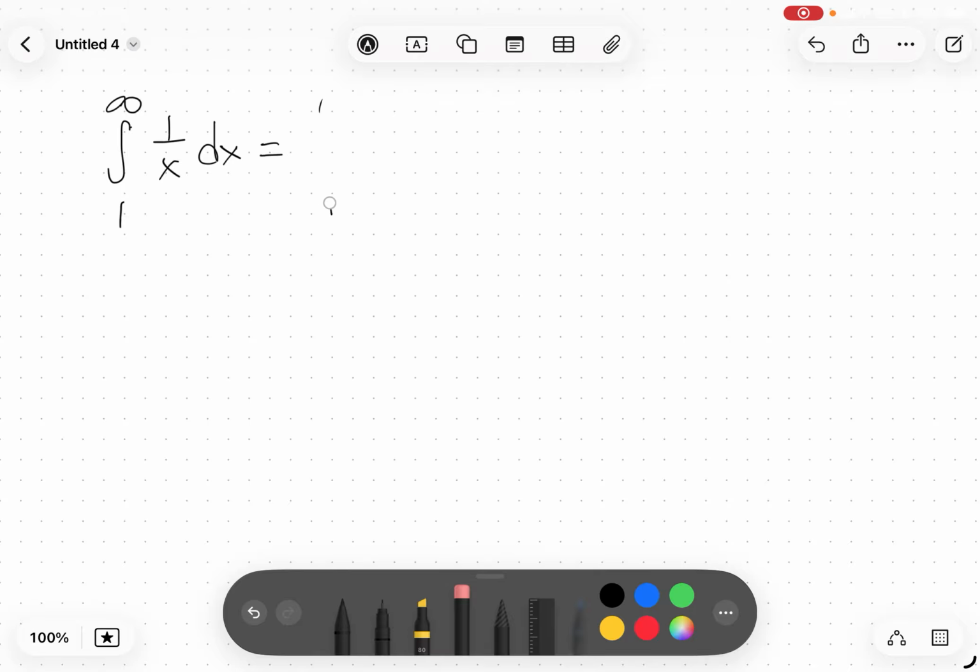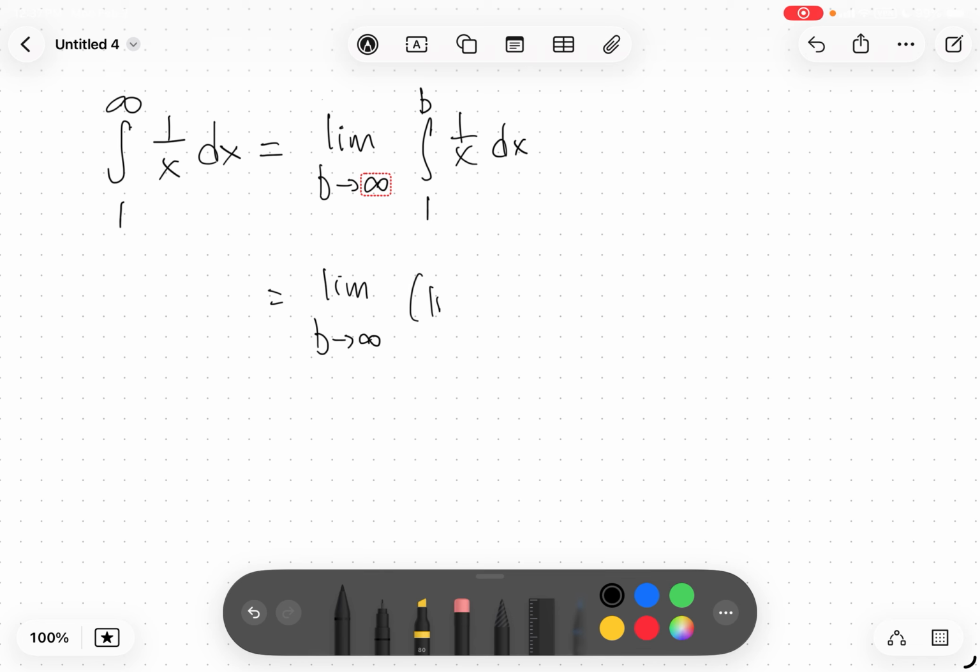That is our natural log function, isn't it? Okay. So what I'm going to do is formally write out what this is. It's going to be the limit as b approaches infinity of the integral from 1 to b of 1 over x dx. And we know that the antiderivative of 1 over x is the natural log, right?